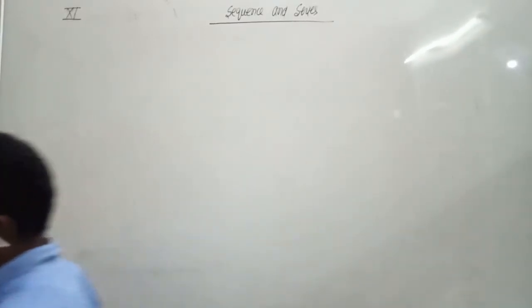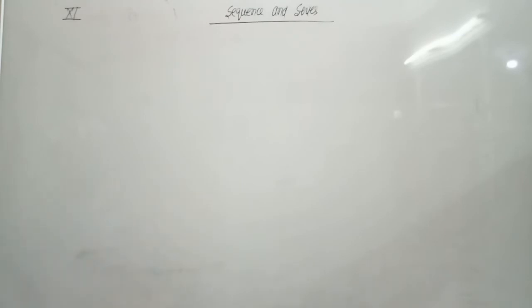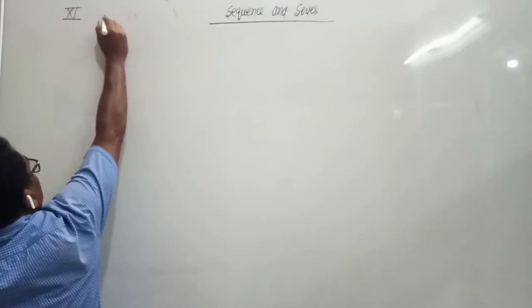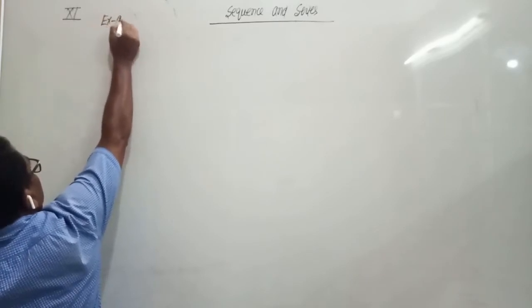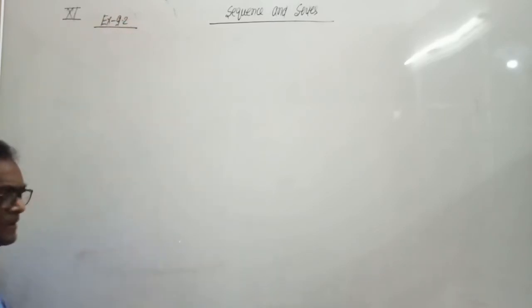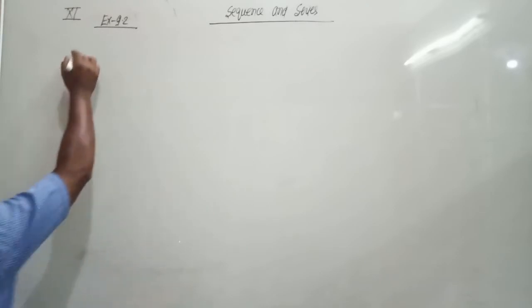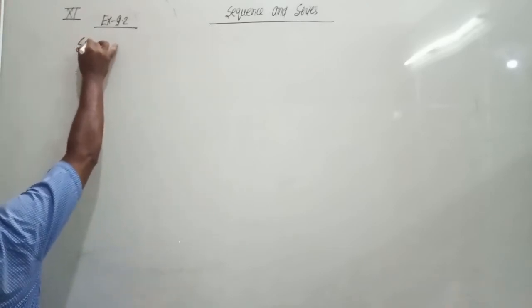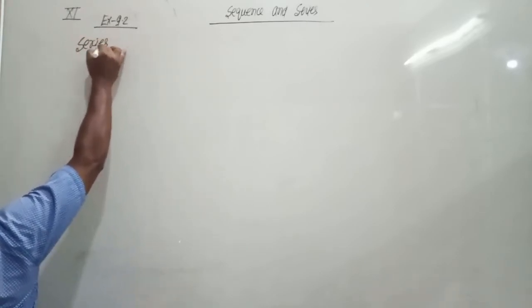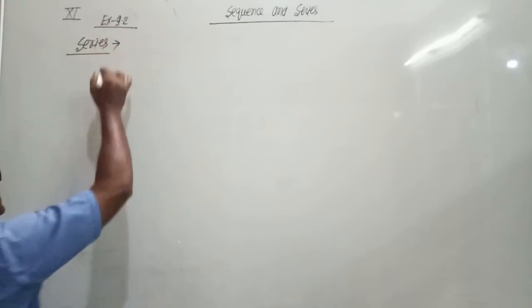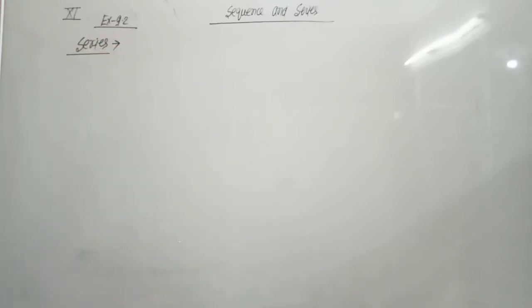Now we start the next exercise, and that is exercise 9.2. So first we know about the series. Sequence we have already studied. Now we know what is meant by the term series.